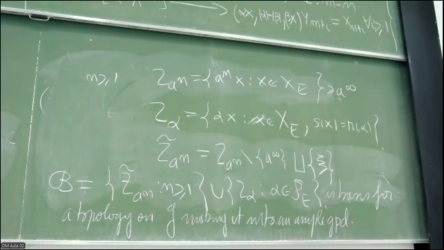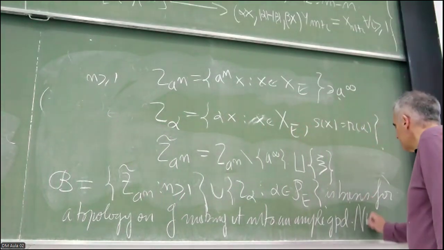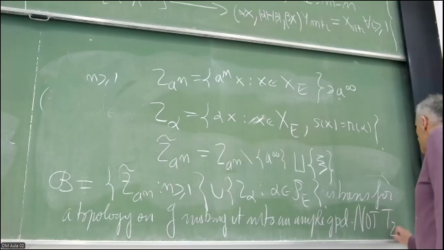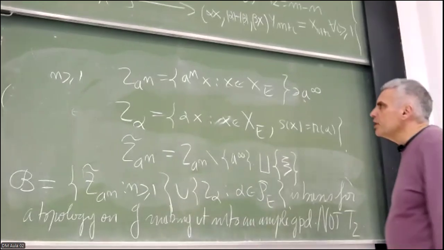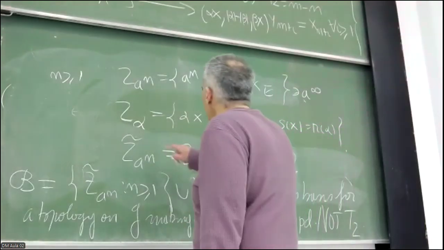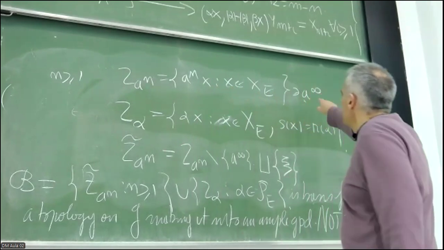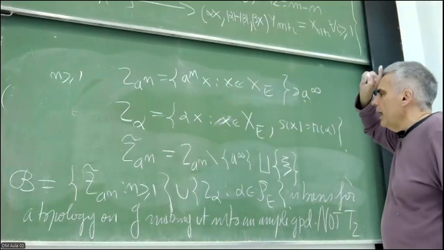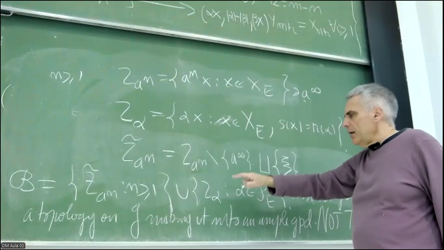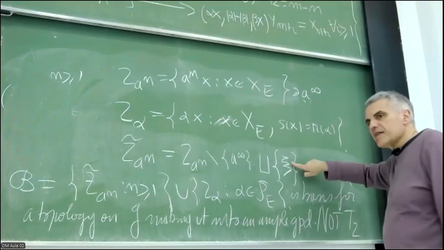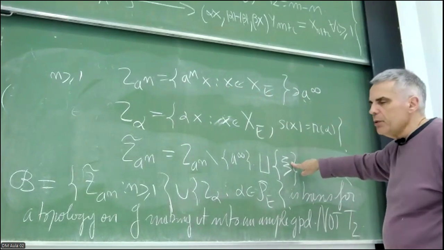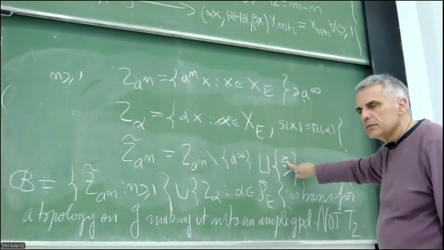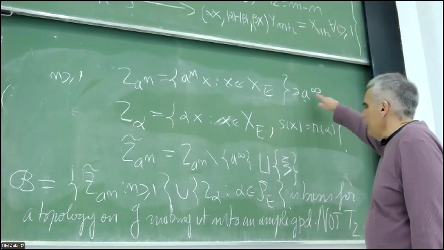Now, this groupoid is not T2. Why is it not T2? Because you cannot separate A infinity from this mysterious element psi. Every open neighborhood of psi contains A infinity.